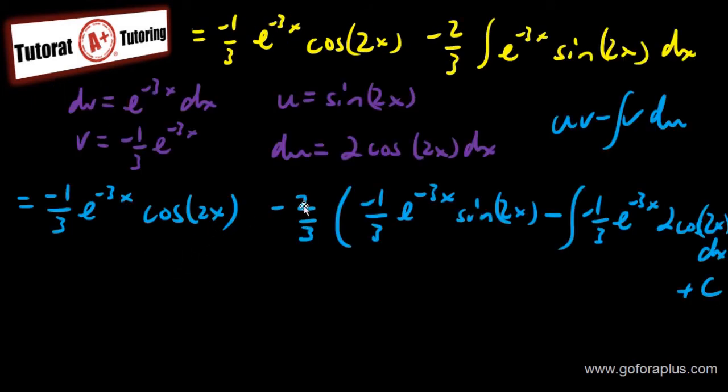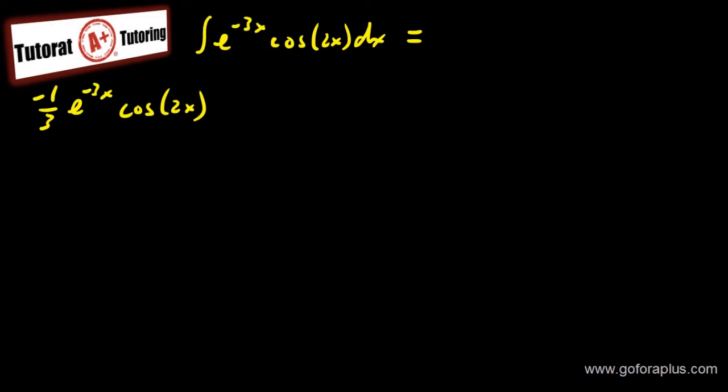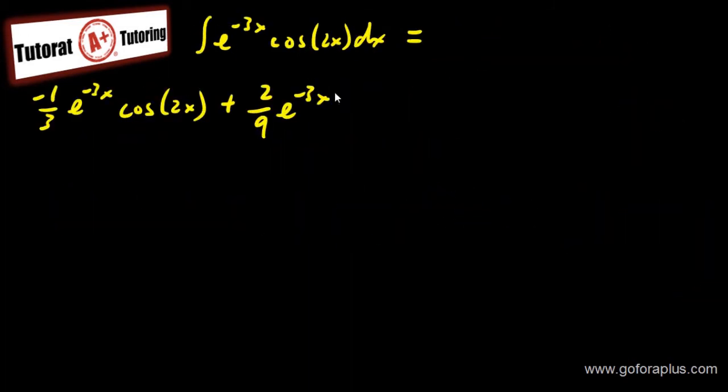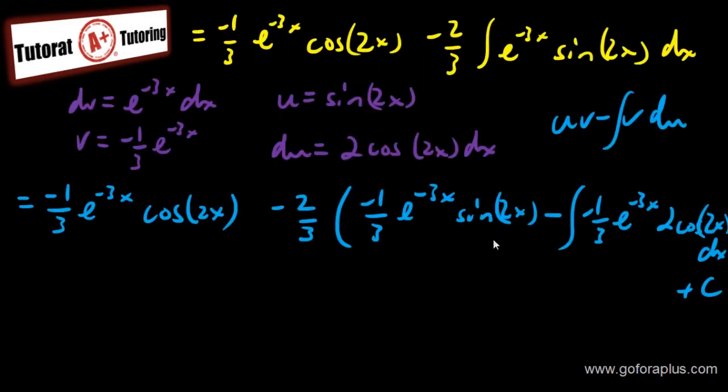Now I have minus 2/3 times minus 1/3, so it becomes 2/9. Okay, so I have plus 2/9 e to the minus 3x. That should be sine of 2x. Okay, so sine of 2x. And then I have my integral here.